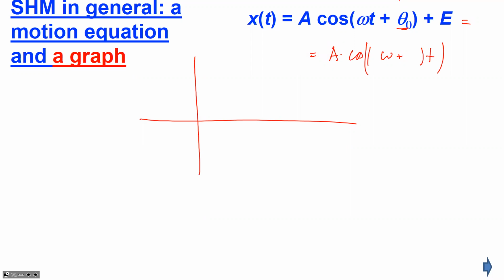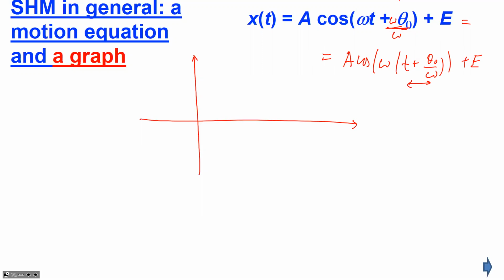So omega t times omega over omega cosine, 1 omega here, and this is going to be t plus this constant over omega. That's it. So we're shifting when the timer starts measuring time, basically. That makes the graph move left or right.